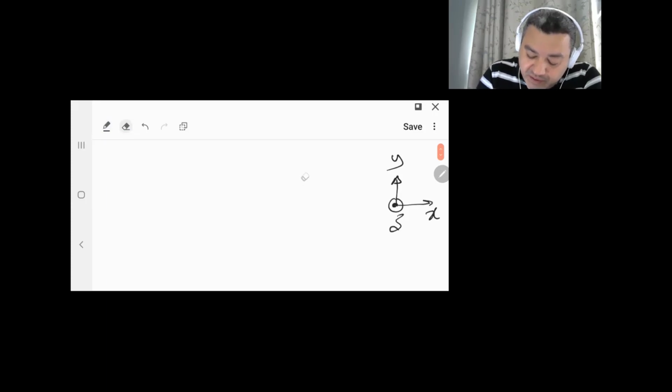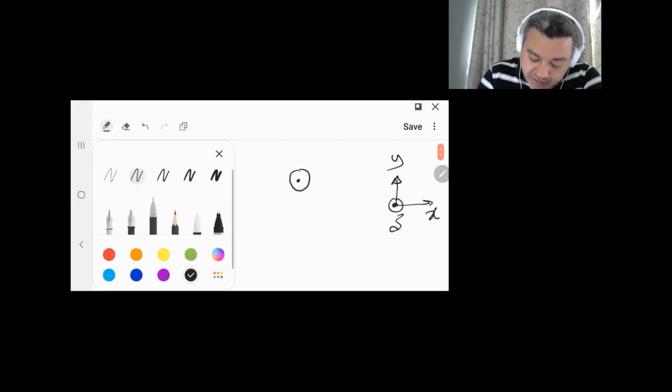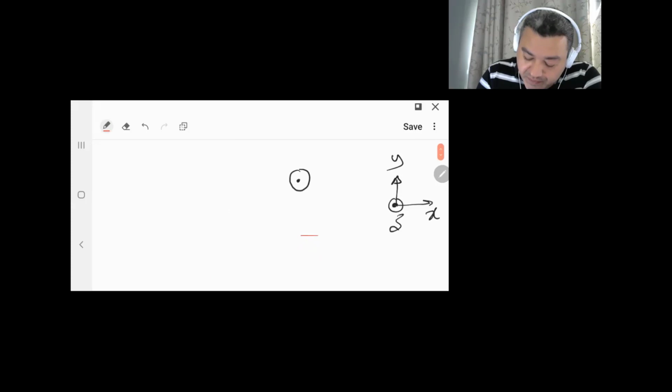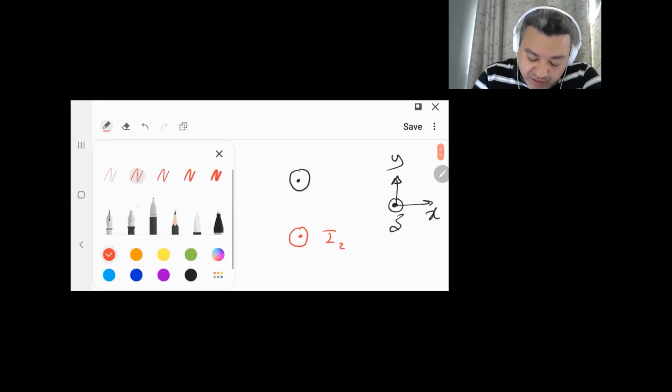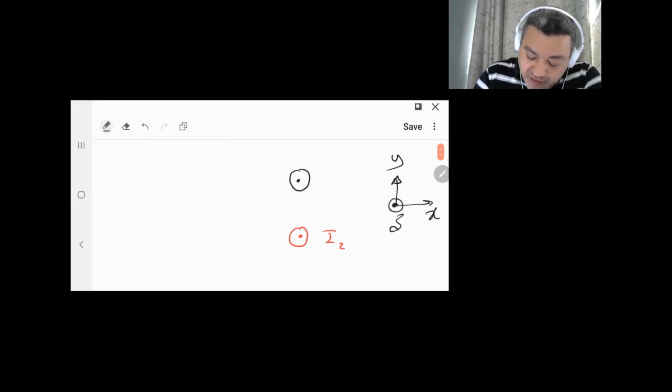Let me do the other one in a different color. So this is I2. Everything related to I2 will be in red. This is I1.